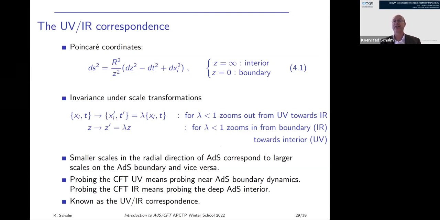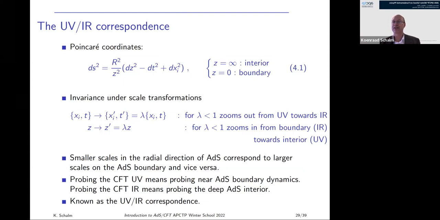But that actually corresponds to going to larger scales in the boundary by this transformation. And vice versa. If you go to larger scales in the radial direction, you go to smaller scales on the boundary. The more you go towards the boundary of ADS, the more you actually zoom in on the UV in the boundary. And this is the mathematical coordinate language.